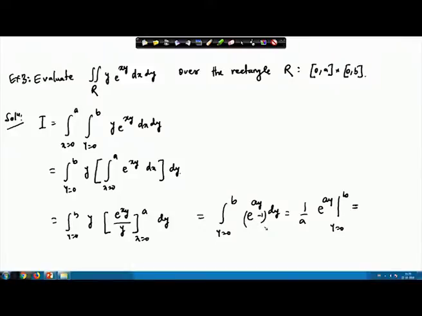We will have a minus 1 here, and when we substitute for y, this will be 1 by a, e to the power ab minus e to the power 0. So, this is 1. So, basically our result is 1 by a, e to the power ab minus b minus 1.